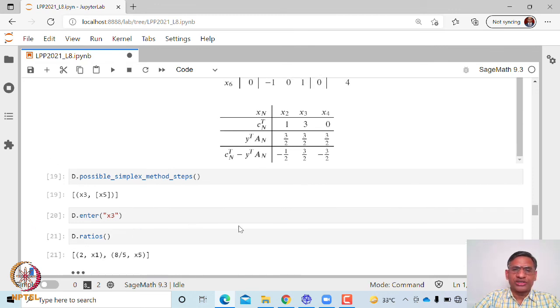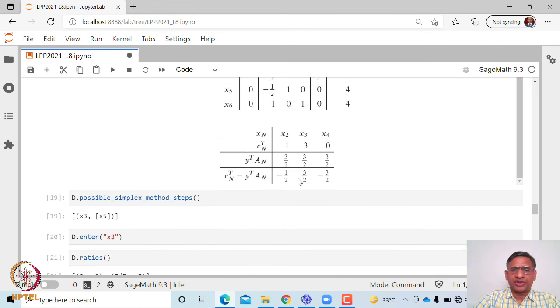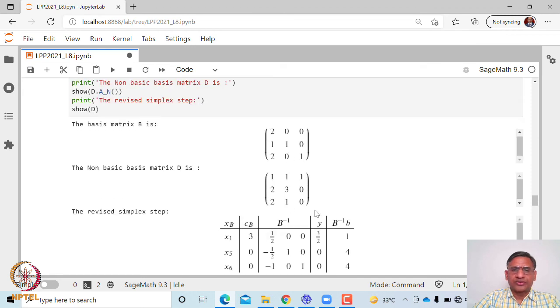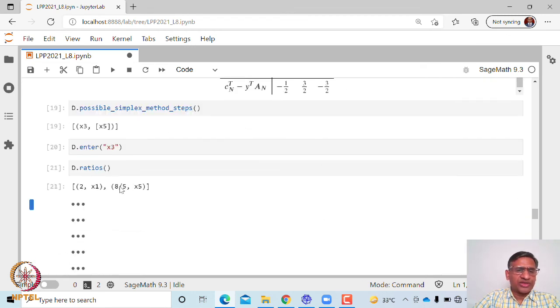Ratios, there are only two positive things in this column corresponding to x3. So therefore the ratio in this case is 2 and 8 by 5, not 5 by 8. Therefore the minimum is going to be this.